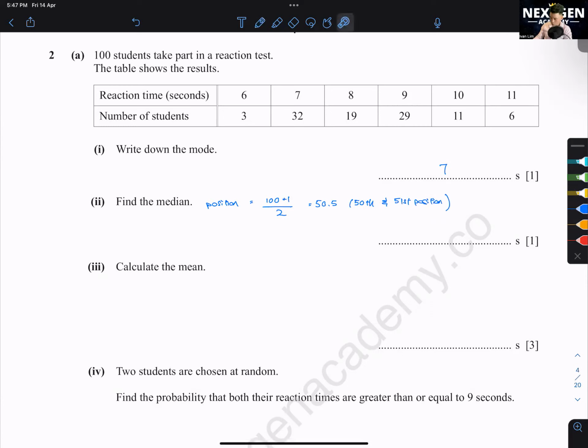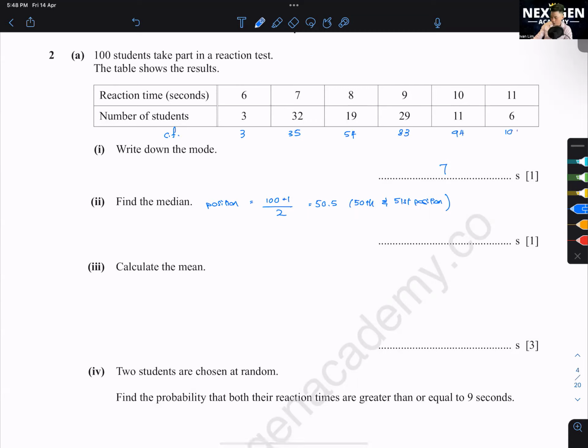So you don't just look at the values. What we need to do is actually the cumulative frequency. Okay, so I write here extra one more line. Cumulative frequency, we add the frequency, always add the previous cumulative frequency. So 3, then this one, 32 plus 3, you'll get 35. 19 plus 35, okay, you get 54. Okay, I just write down all the value first. Okay, not necessary for you to count all.